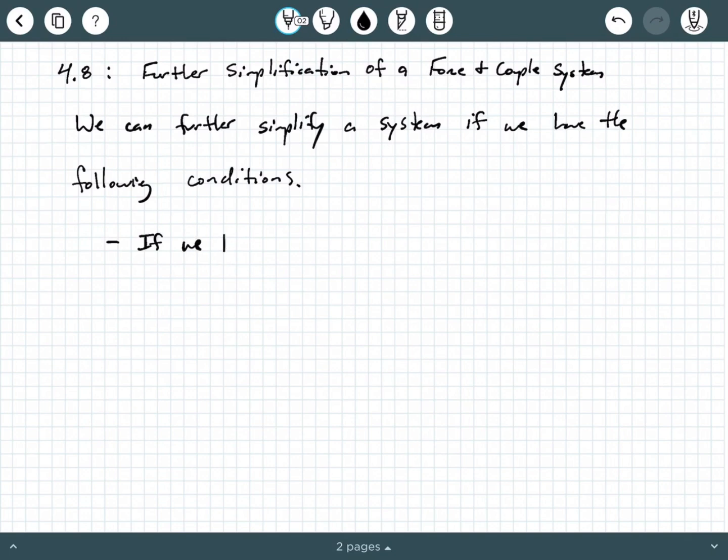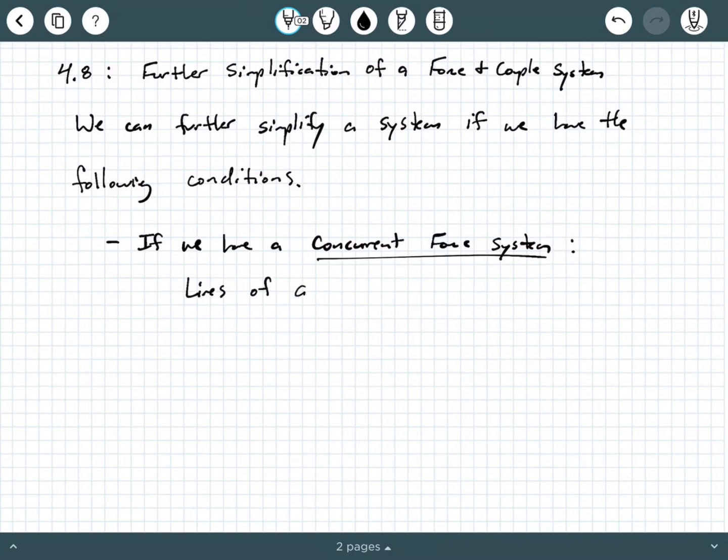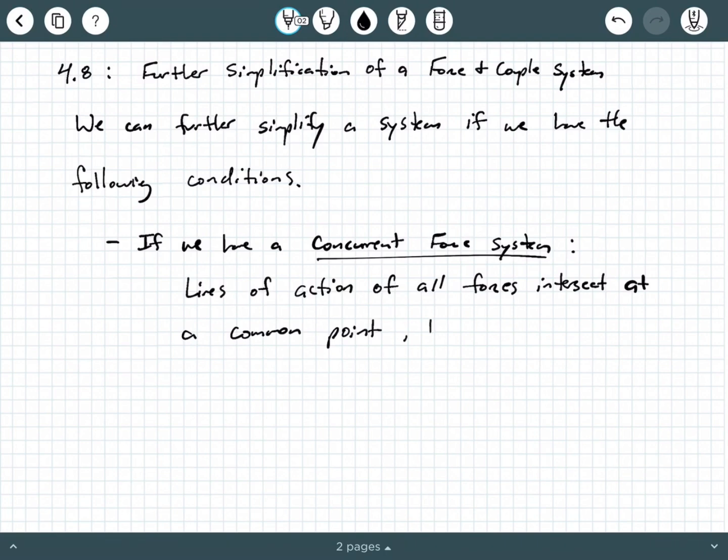If we have a concurrent force system, which a concurrent force system states that lines of action of all forces intersect at a common point.